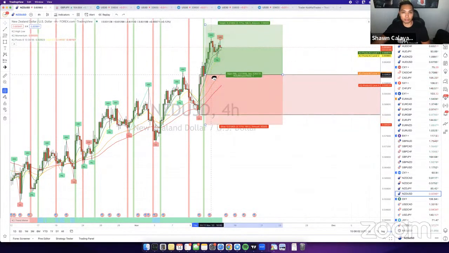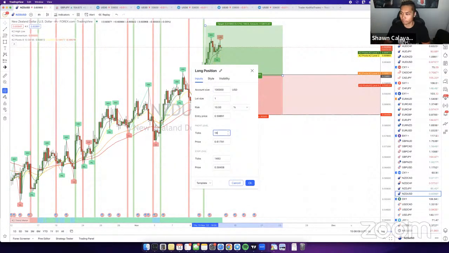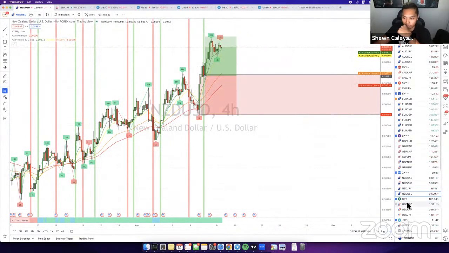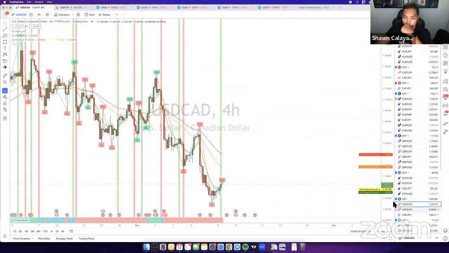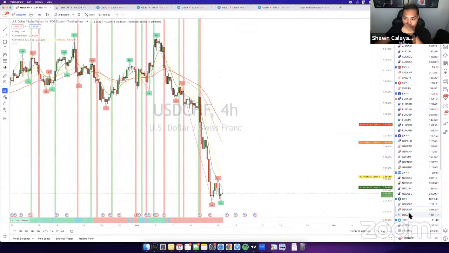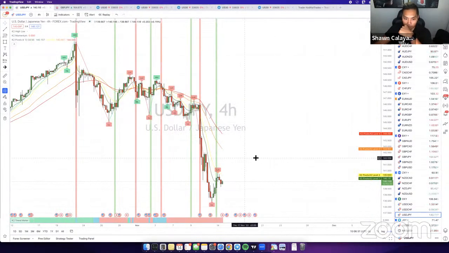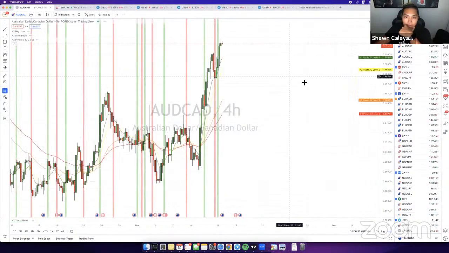This one's still running right now, actually. And this one's almost at TP. NZD USD for a buy. Yeah, so there's no entries here on the 4-hour at all. Just fine.